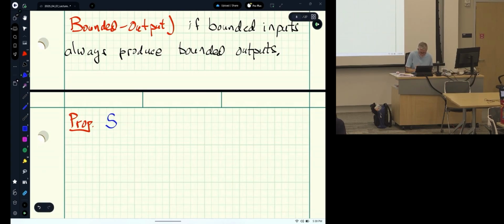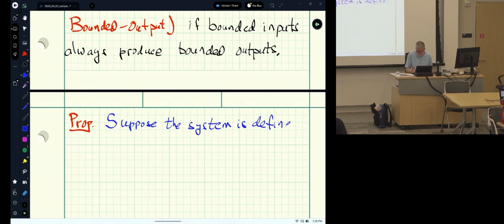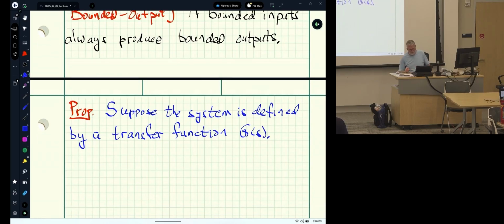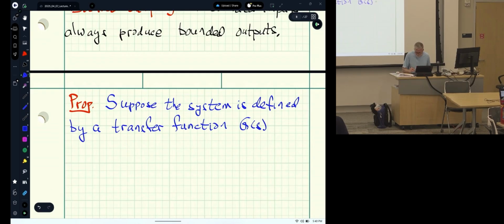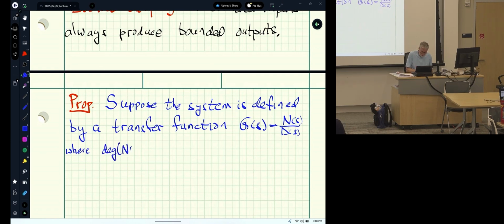Let's suppose the system is defined by a transfer function G of S. Let me make sure it's rational, where the degree of n of s is no larger than the degree of the denominator.